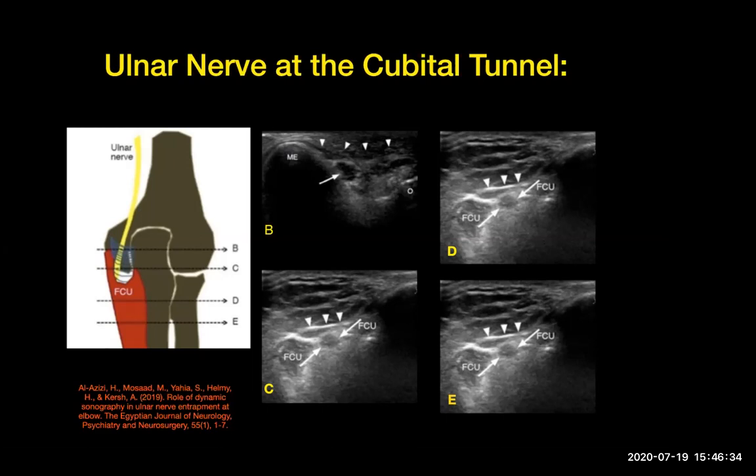Some people would call the initial part with the Osborn the cubital tunnel, but the proper cubital tunnel is where the arcuate ligament is between the two heads of the flexor carpi ulnaris. So that is what they term the proper cubital tunnel. Above it is not the proper, okay?